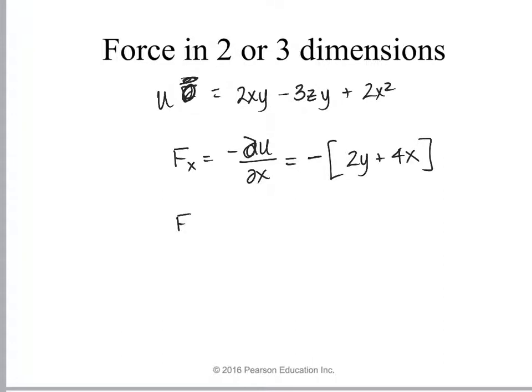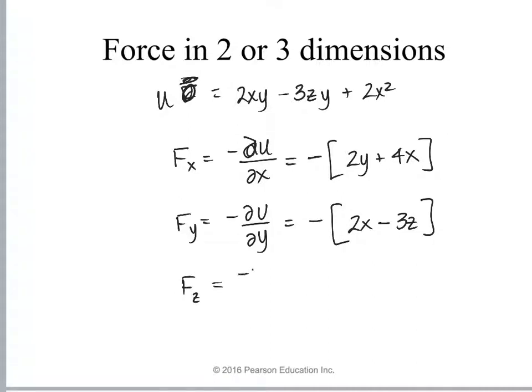Now I'm going to find the y coordinate, and that's minus the partial of u with respect to y. I put the negative sign out there, and so I get, for the first term, 2x, for the second term, minus 3z, and for the last term, it's just 0. And finally, for z, it's minus the partial of u with respect to z, and I get 0 minus 3y plus 0.